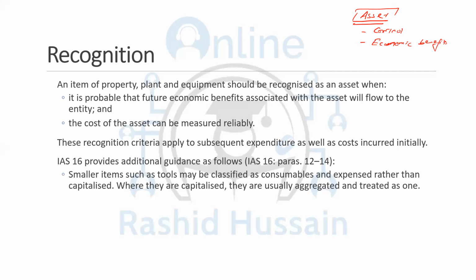Being environmentally friendly is an economic benefit. So you do not need to see that only in terms of cash inflows. So the control and economic benefits. And the third thing is that the cost of an asset can be reliably measured.